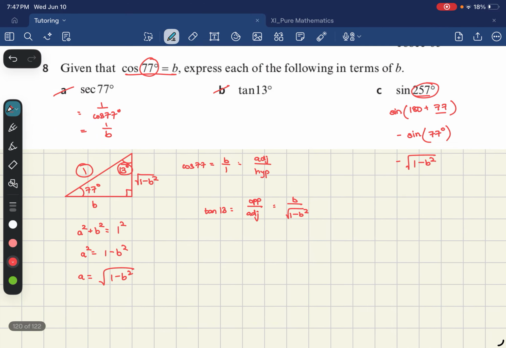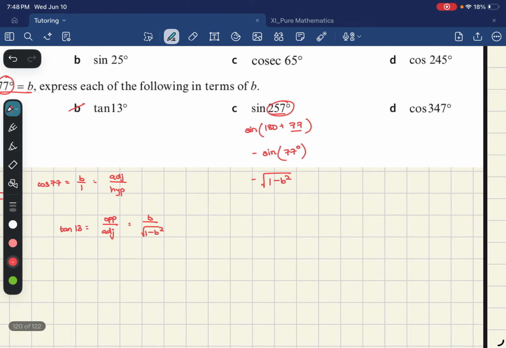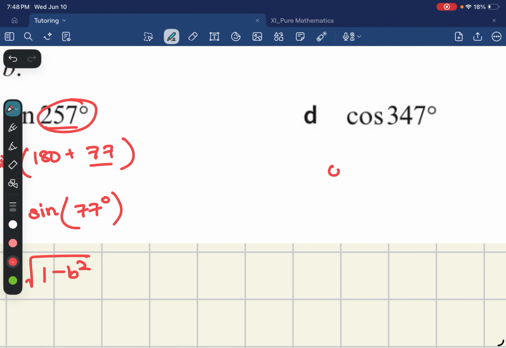All right. That should be your answer to C. It should not be 1 over b. I don't think it is. It should be negative square root of 1 minus b squared. And let's do D. So this I can write cosine 360 minus 13 degrees, right?